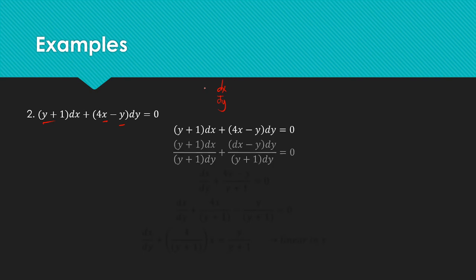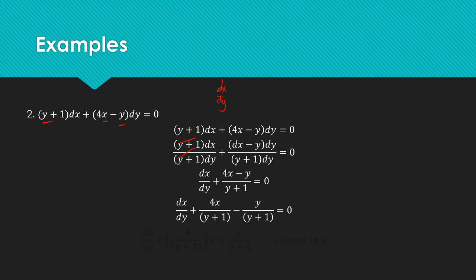So, we will have, divide natin yung whole equation by y plus 1 over dy para makancel yung y plus 1 dito. Ang matira is dx over dy. So, mag-arrive tayo class at dx over dy plus 4x minus y over y plus 1. Paghiwalayin ulit natin to, so we will arrive at dx over dy plus 4x over y plus 1 minus y over y plus 1 is equal to 0.